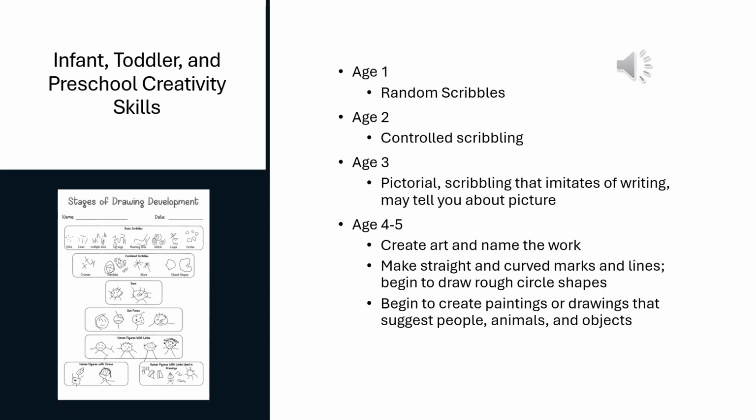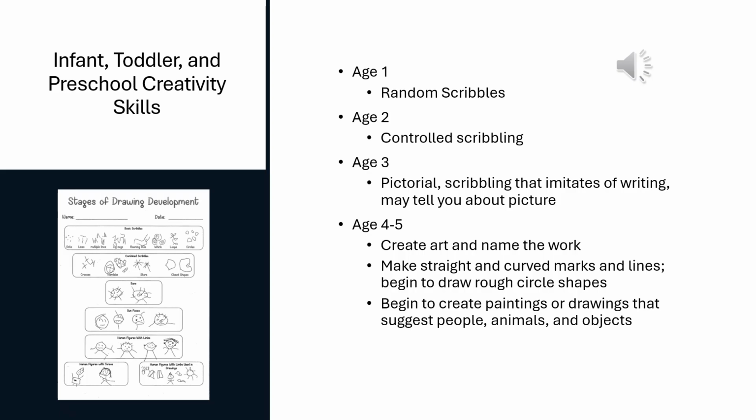So first we have random scribbles, where it really is just random and the children don't have a particular plan for what they're doing. It's just kind of vague marks on paper without really any control or plan. That moves to controlled scribbling, so being able to control your writing utensil better, to create the shape that you set out to create.